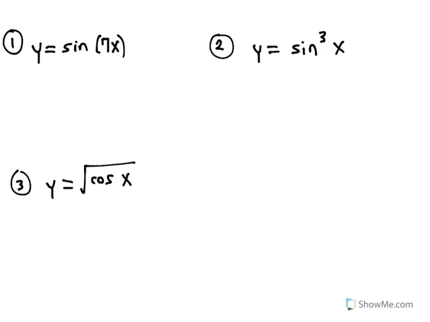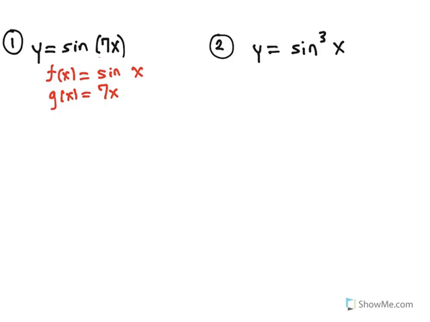So let's take a look at number 1. You may be able to determine just by visual inspection that we have two functions here. The inside function is 7x, and the outside function is sine x. I would like to show you that the function y for number 1 is f of g of x.